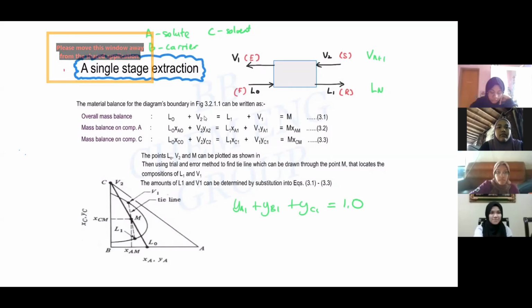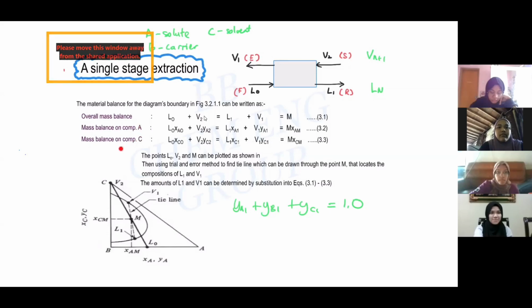If you have binary, you deal with overall mass balance and mass balance on component A. So this is binary only. But for the ternary, you have three components, so you need overall mass balance, mass balance on component A and mass balance on component C. So we are concerned about solute and solvent only.